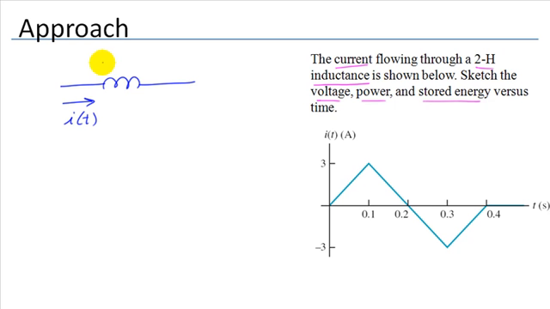We are given this current i of t and the associated voltage v of t for this inductance with value L, which has a polarity such that the current enters the positively labeled terminal. And this labeling scheme is compatible with the passive reference configuration.